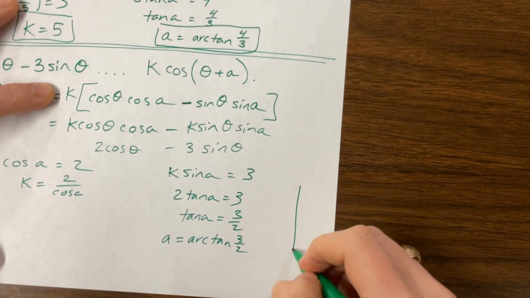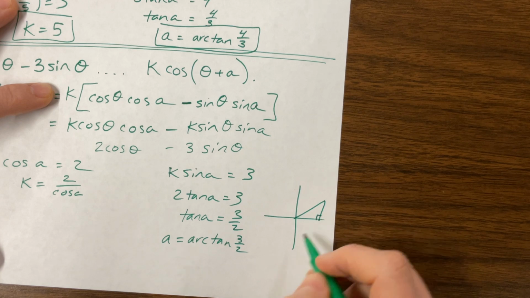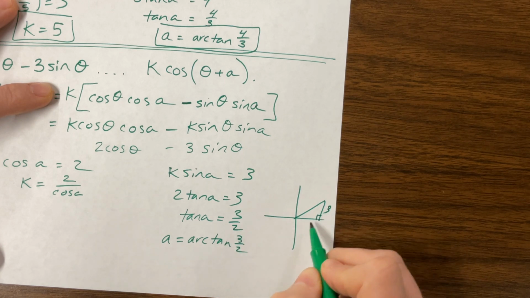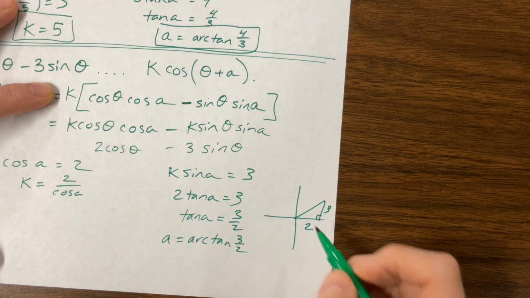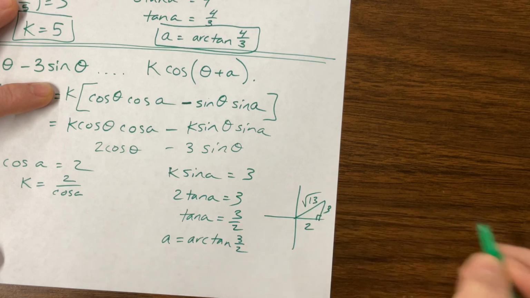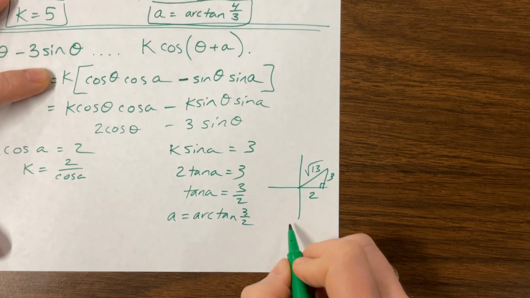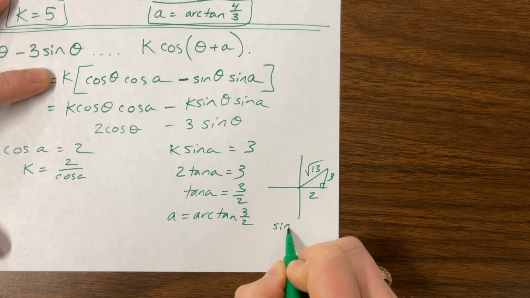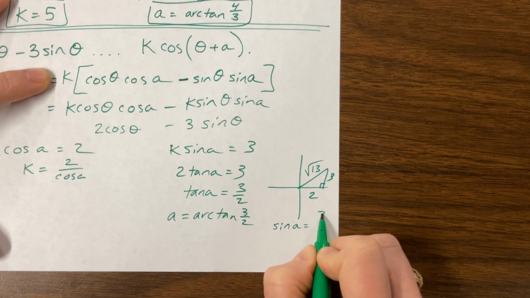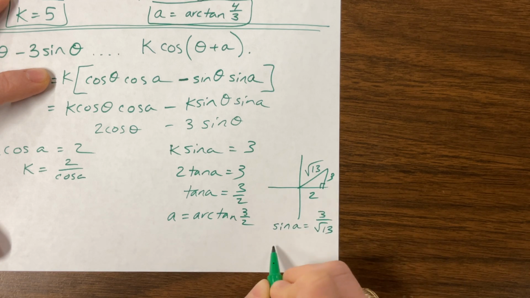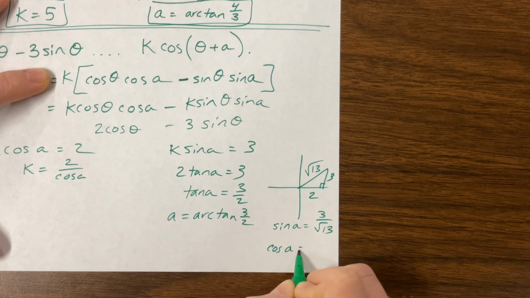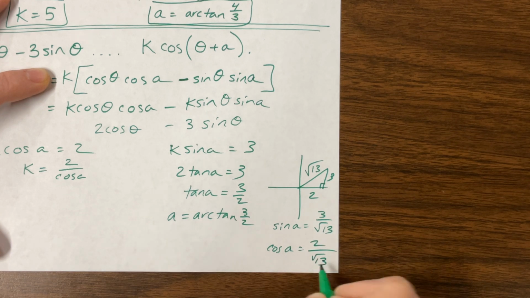Drawing this as a triangle, here's 3, here's 2. 9 plus 4 is 13, so root 13 would be the other side. So what do we know? Sine of A would be equal to 3 over root 13. Cosine of A would be equal to 2 over root 13.